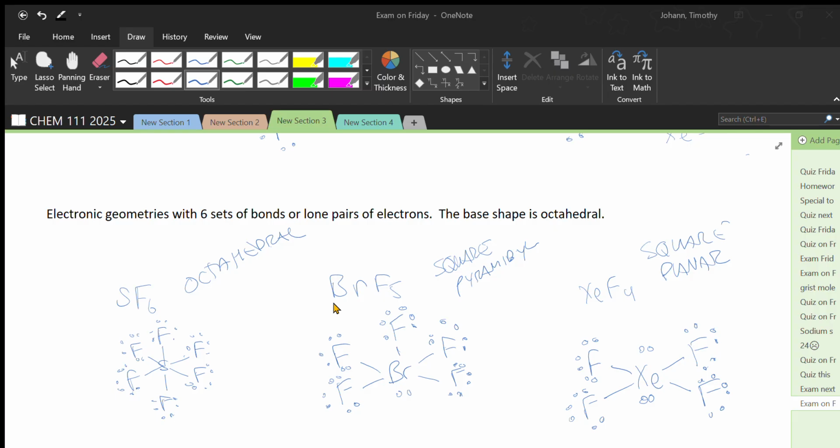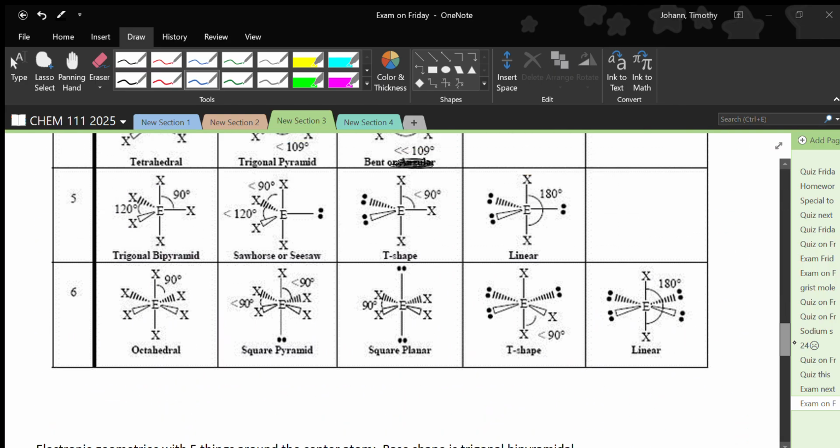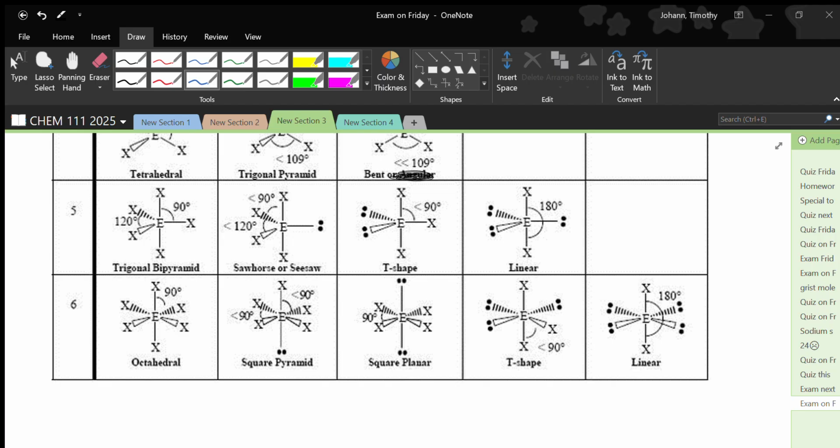Then there are a couple more on this table, but when I was writing my notes last night from your book, we didn't go beyond square planar, so we won't bother to go beyond square planar here. When I think back to college, I don't remember going beyond square planar either. So let's not worry about these. They exist, okay, but we're not going to worry about these for now.